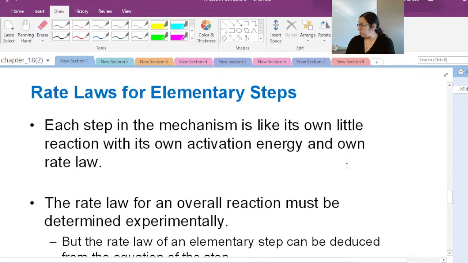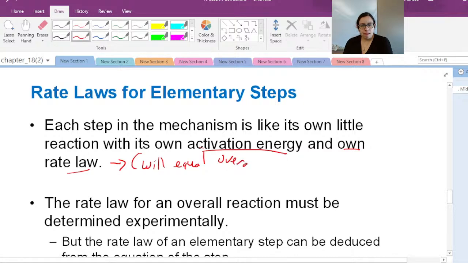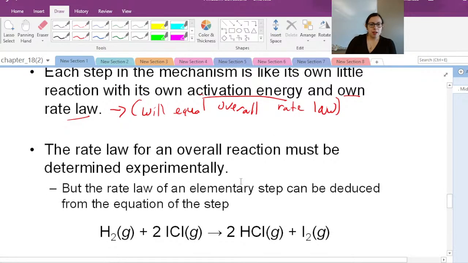The point is that each step in these mechanisms is like its own little reaction, with its own activation energy and its own rate law. And of course, it will equal the overall. Just keep that in mind. We're going to be looking at the rate law of each individual step, but then we'll figure out how to relate that to our overall rate law that we looked at.